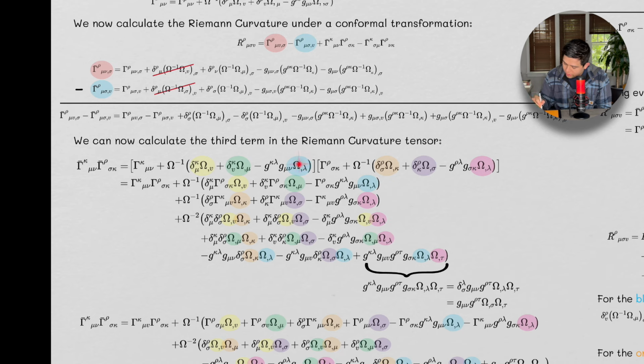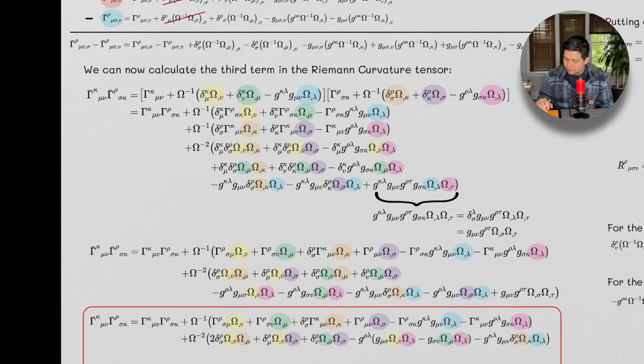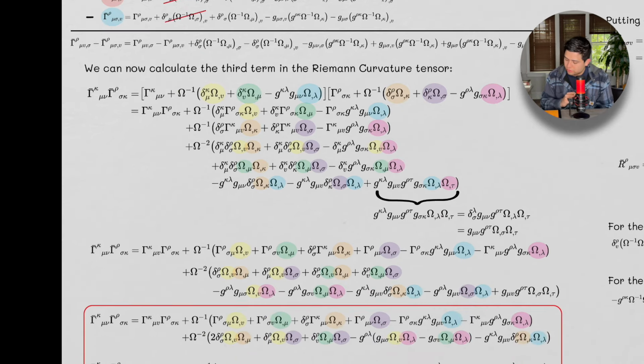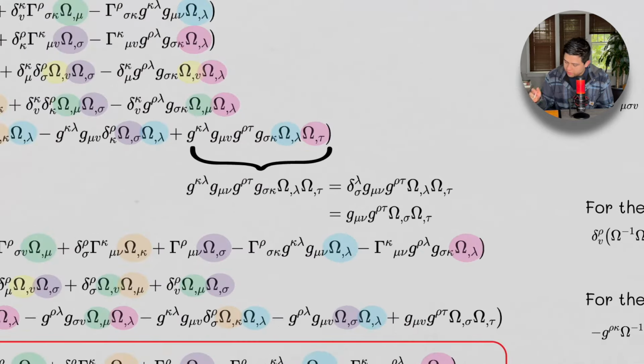We get that this term times this is right here, this term times this is right here, and this term times this is right here. So everything is foiled out. You can pause the video at points if you want to. We can see here that this term is equal to this right here.